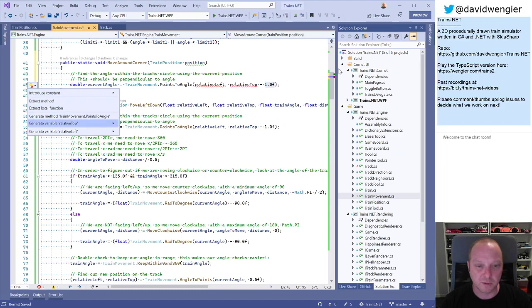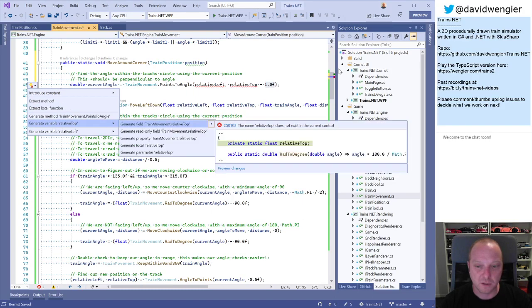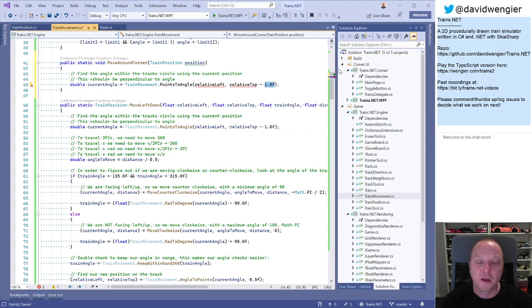Generate variable. No. What I want this to be is the Y offset. Is this the Y? This is.